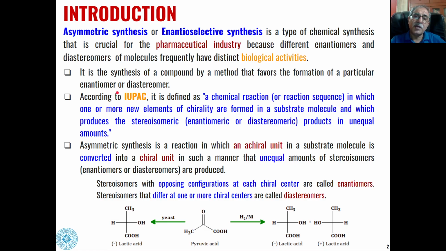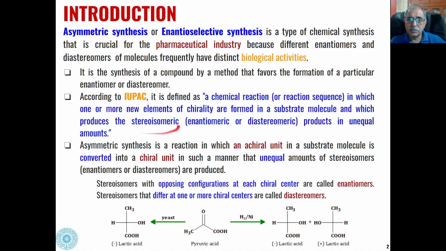As far as the IUPAC definition of asymmetric synthesis is concerned, according to IUPAC, it is defined as a chemical reaction or a reaction sequence in which one or more new elements of chirality are formed in a substrate molecule and which produces the stereoisomeric products in unequal amounts.